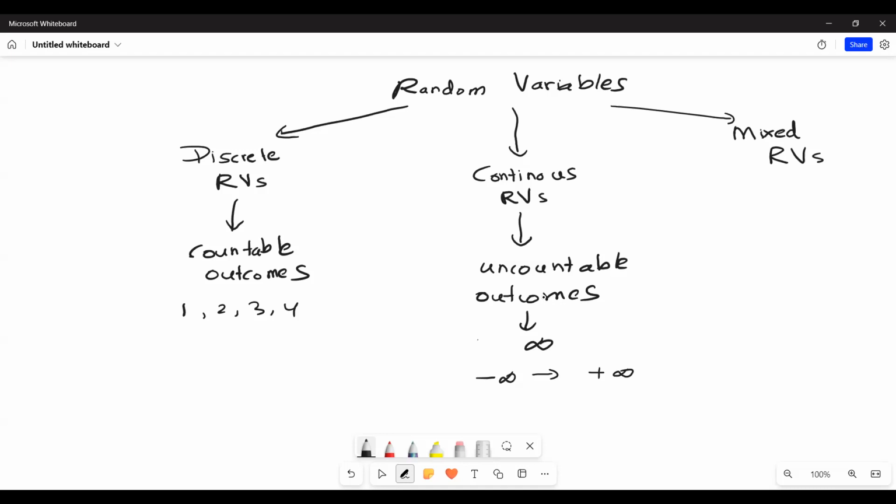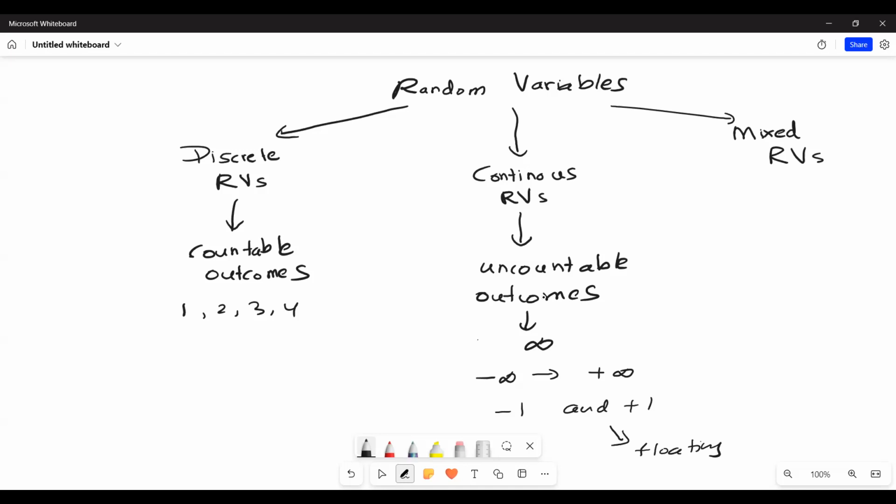Let's say it is not exactly minus infinity to plus infinity. Let's say -1 and +1. Even if we take -1 and +1, there are an infinite number of outcomes that can happen between -1 and +1 if we consider floating points, like -1.00, and likewise we can go up to infinity.